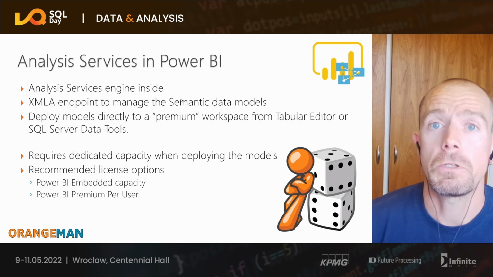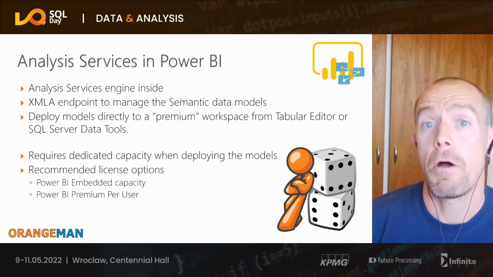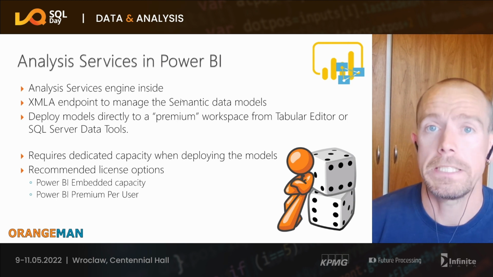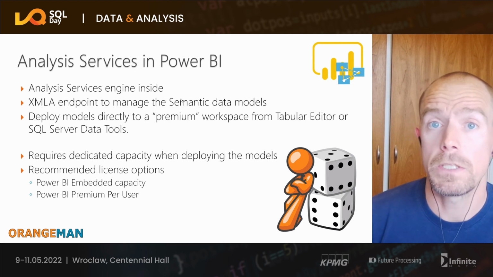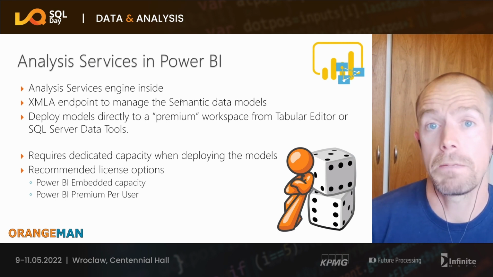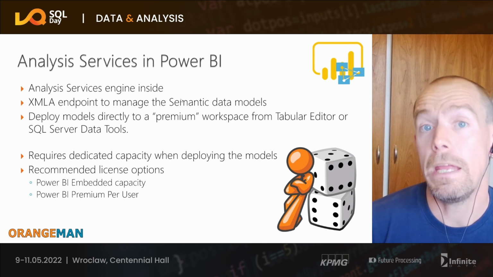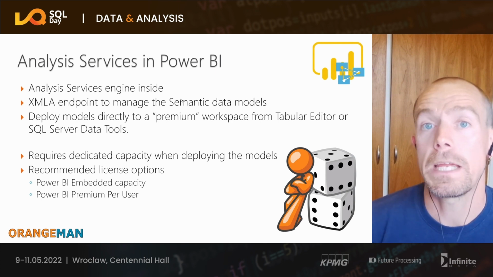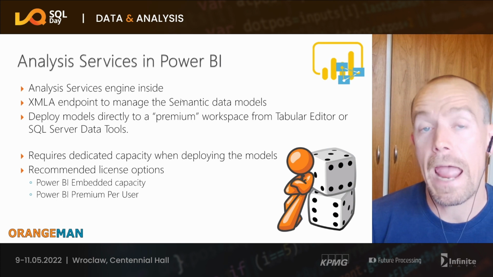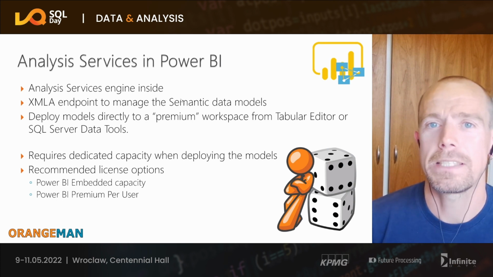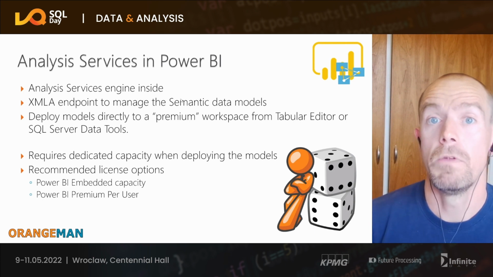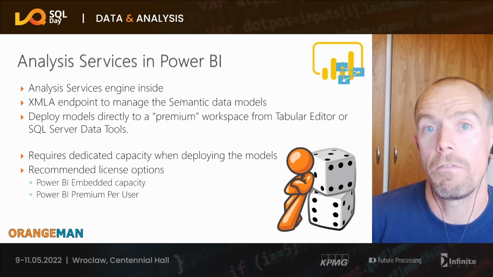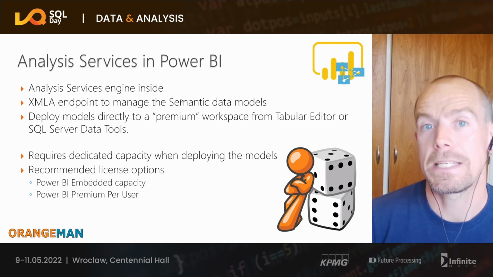The other option you could use is the Power BI Premium per user license, which is a license for $20 a month for one person. If you just have one person that is deploying the models, then it's just this one person that needs the Premium per user license. You do the same trick, we could call it a little hack, where you assign the workspace to the capacity, then deploy the models, and then remove the workspace from the Premium per user capacity again.